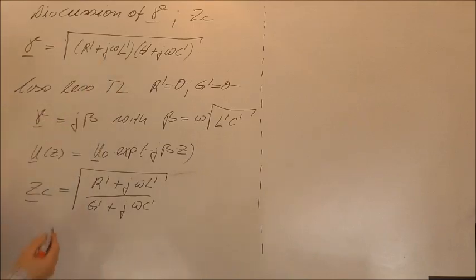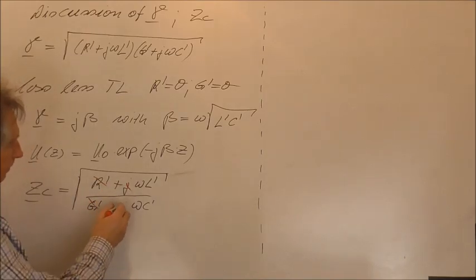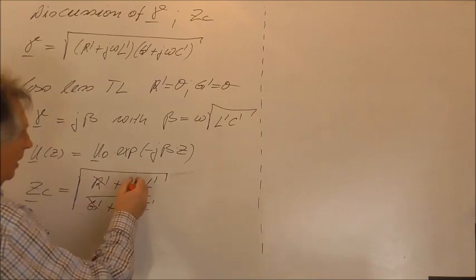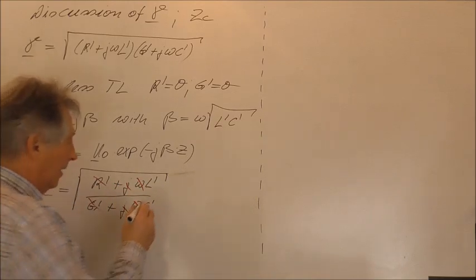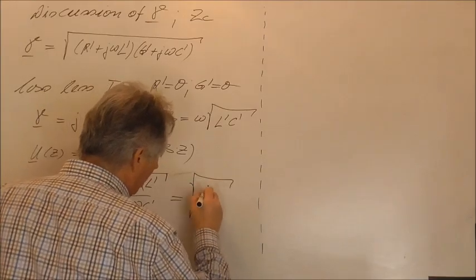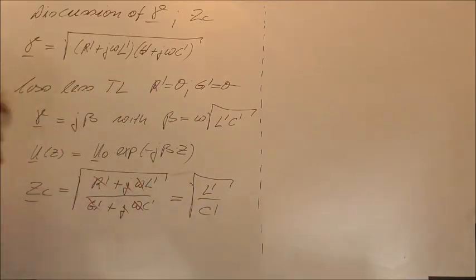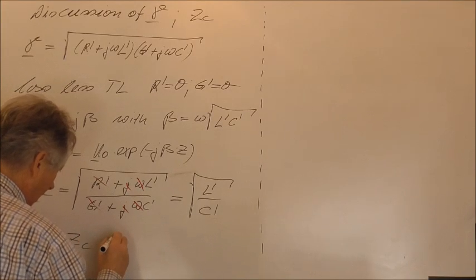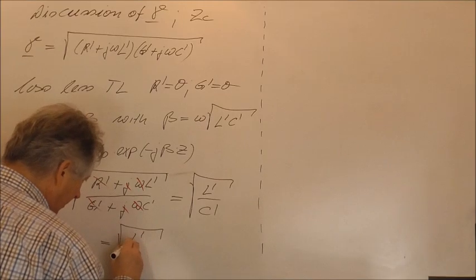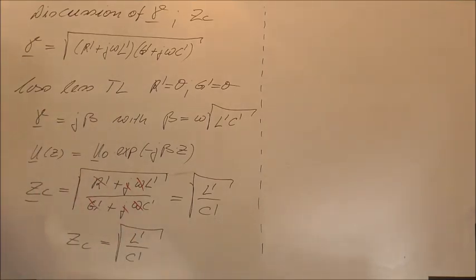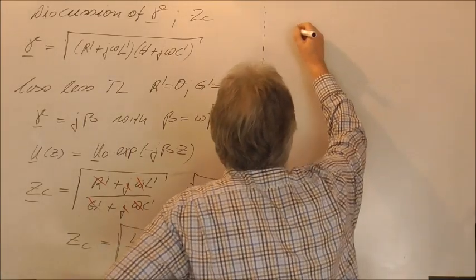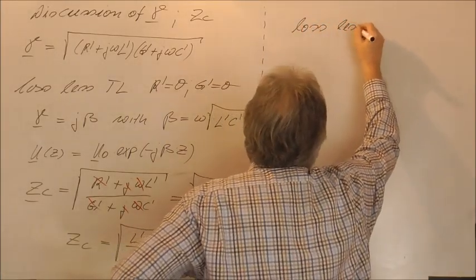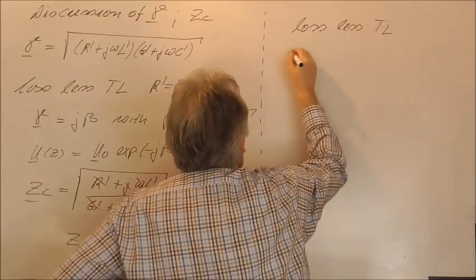If we include the losses, but now of course these losses are 0, then also the j will cancel and also the omega will cancel, and we find that this is given by the square root of L' divided by C'. So we can conclude that for a lossless transmission line, Z_C shows a real value, the square root of L' over C'.